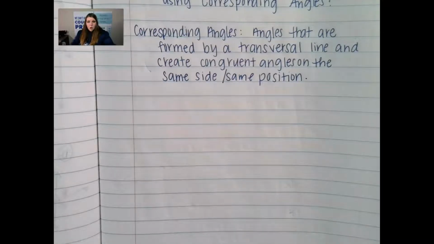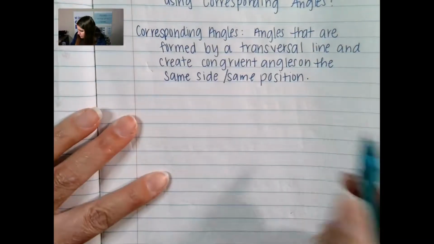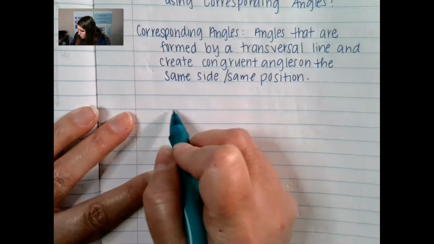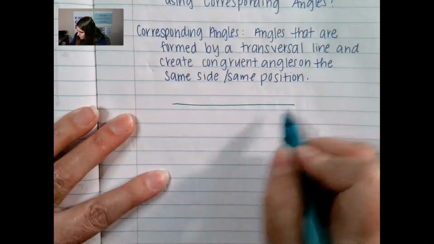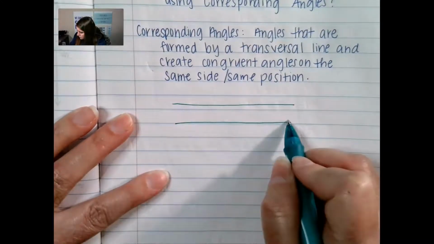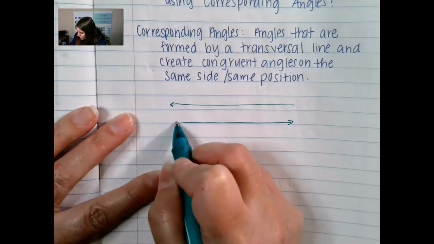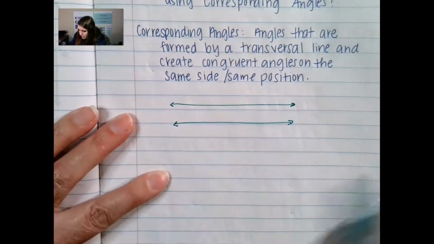So let's go ahead and draw our picture. So I'm going to draw my parallel lines. Today I'm going to just draw them going this way. So here are some parallel lines and they're going that way.